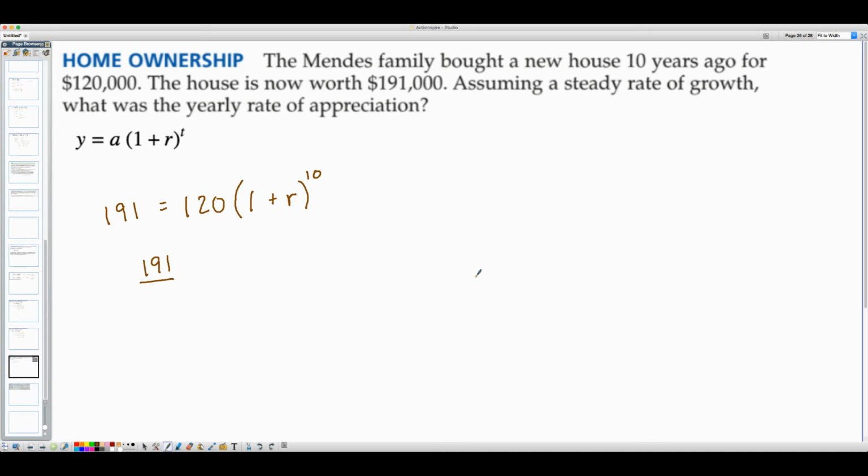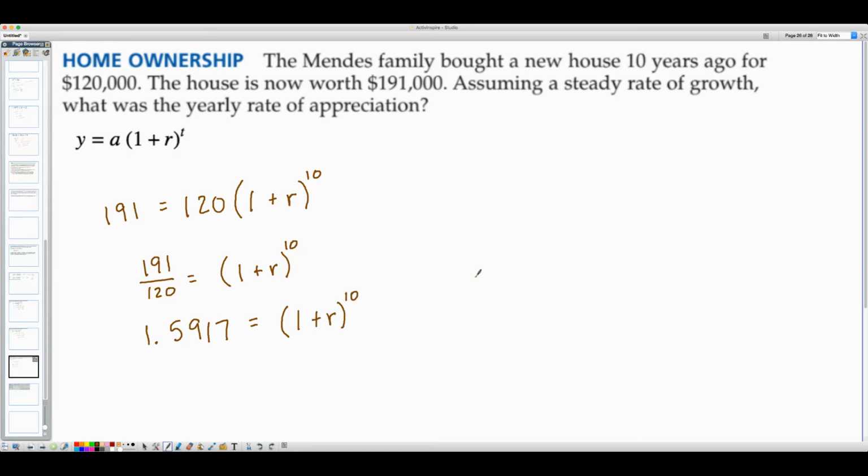I'm going to divide it anyway, so it's going to give me the same value if I divide 191,000 by 120,000, or 191 by 120. So I'll get this decimal, 1.5917 to the 4th decimal place, and that's equal to my exponent expression here.